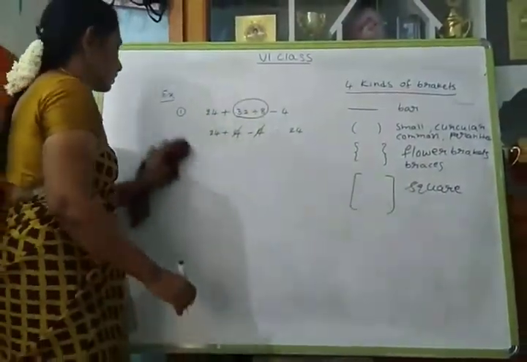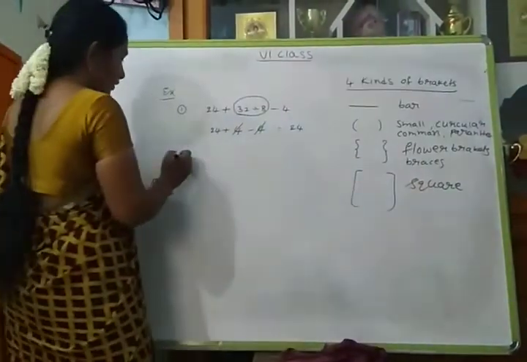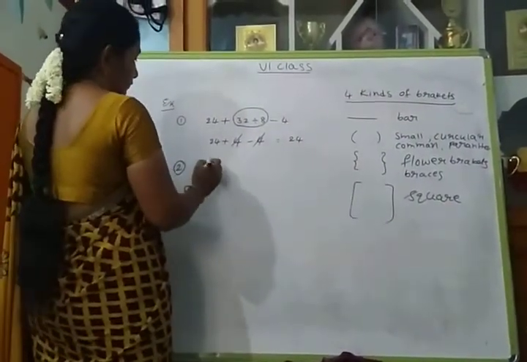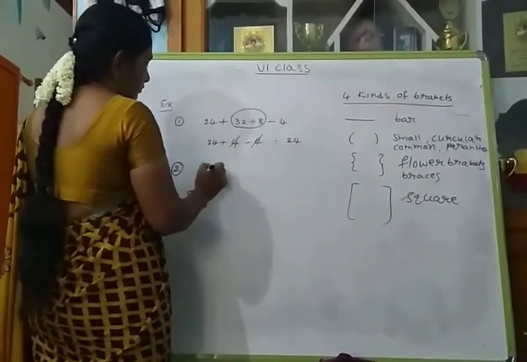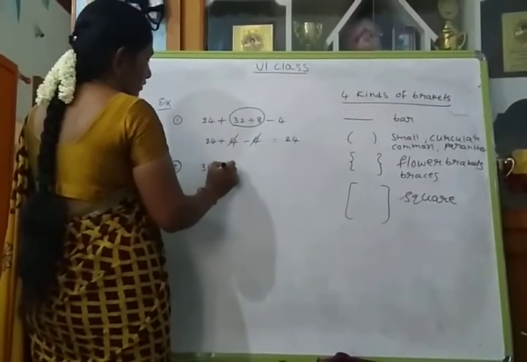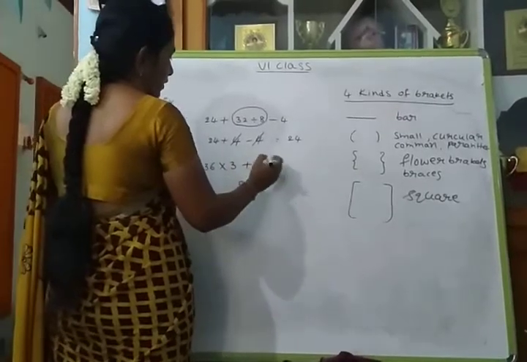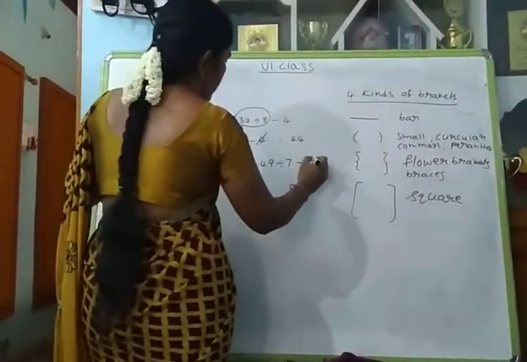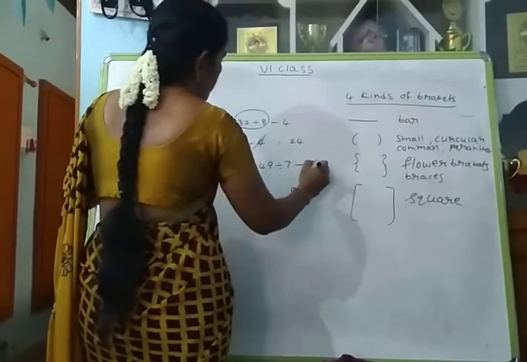Next, one more example. Second one: 36 into 3 plus 49 divided by 7 minus 26.